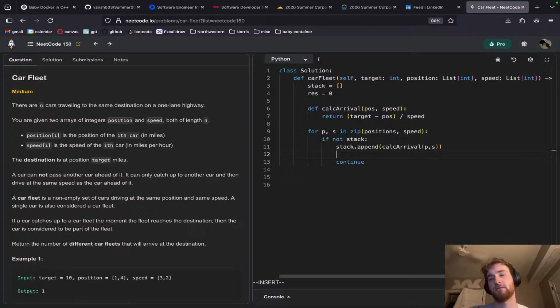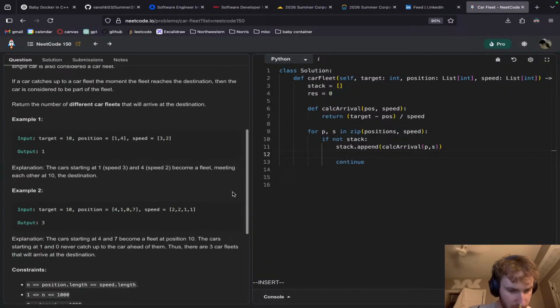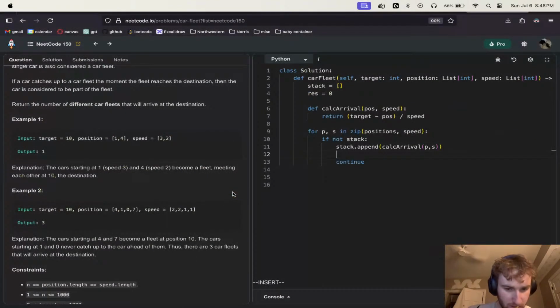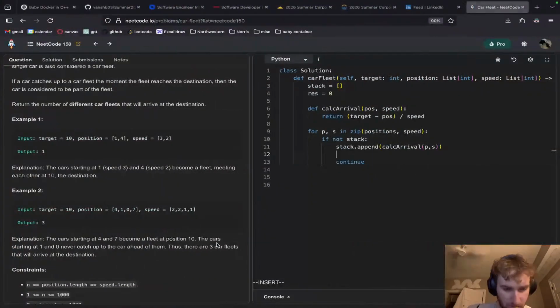So we really only... Why do we need a stack? Oh, is it because they can start at different spots, I think?